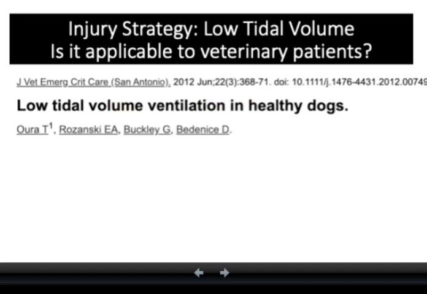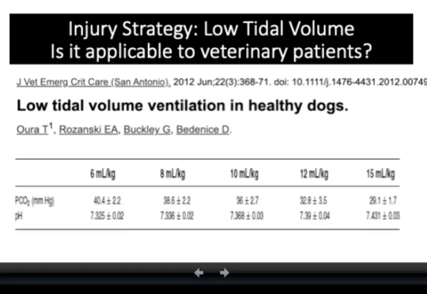Moreover, we have at least one study in veterinary medicine that proved that mechanical ventilation with a tidal volume of 6 to 8 mL per kg provides sufficient minute volumes that are enough to maintain PCO2 at normal levels of about 30 to 40 millimeters of mercury. The takeaway from this study is that we can probably adopt these tidal volumes to our veterinary species, especially to those animals with parenchymal lung disease requiring protective lung injury strategy.